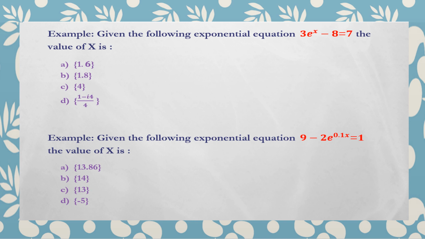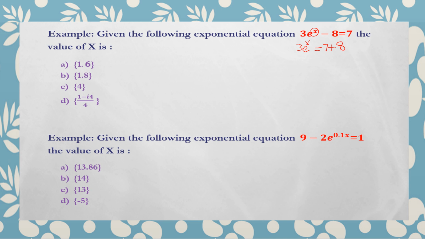Another example, given the following exponential equation, 3 times e power x plus 8 equals 7. Find the value of x in the exponent. First, we have to simplify the shape of the equation in order to find the value of x. So 3e power x equals 7 plus 8.